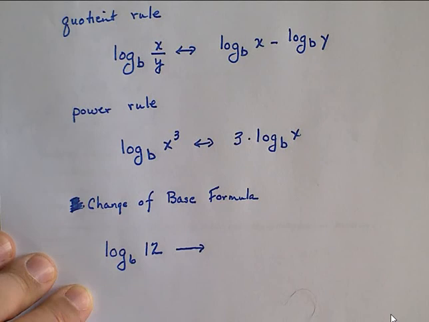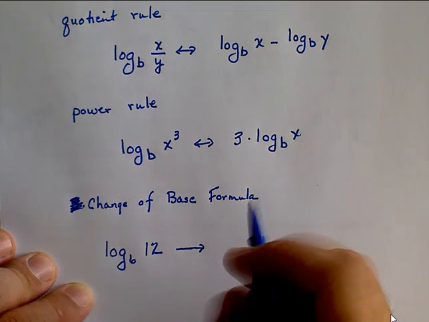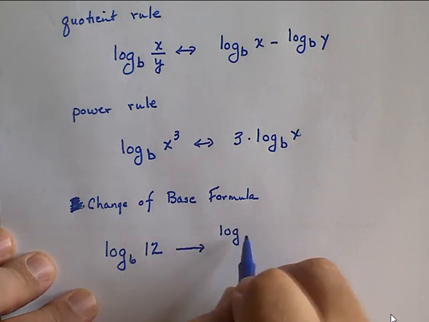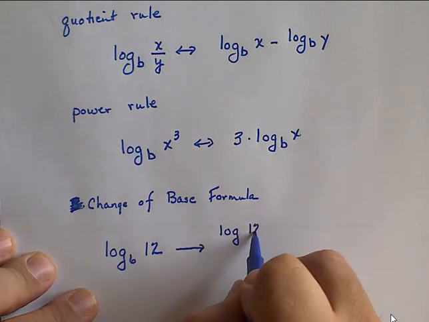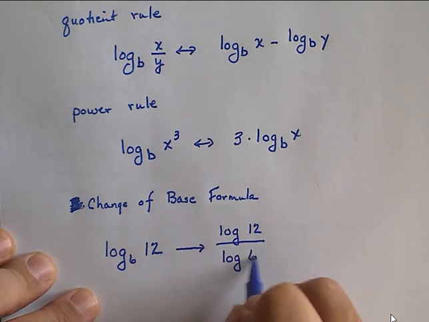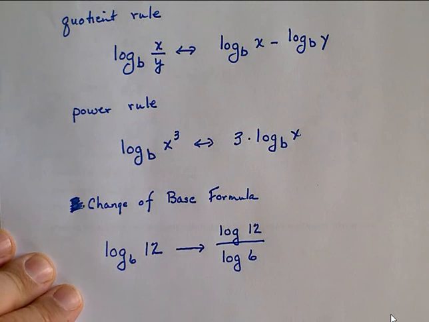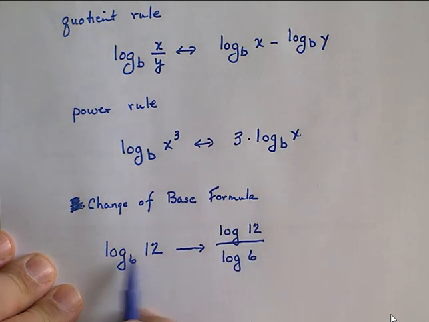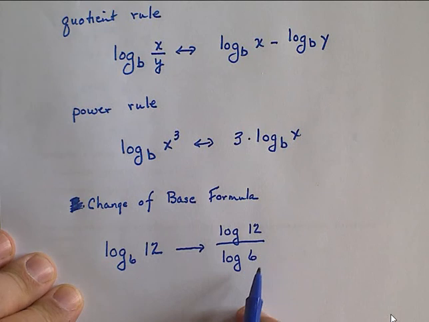So here's what I'm going to do. Using common log, this would be log 12 over log 6. The big number goes on top. The little base goes down here. You're dividing those logarithms.